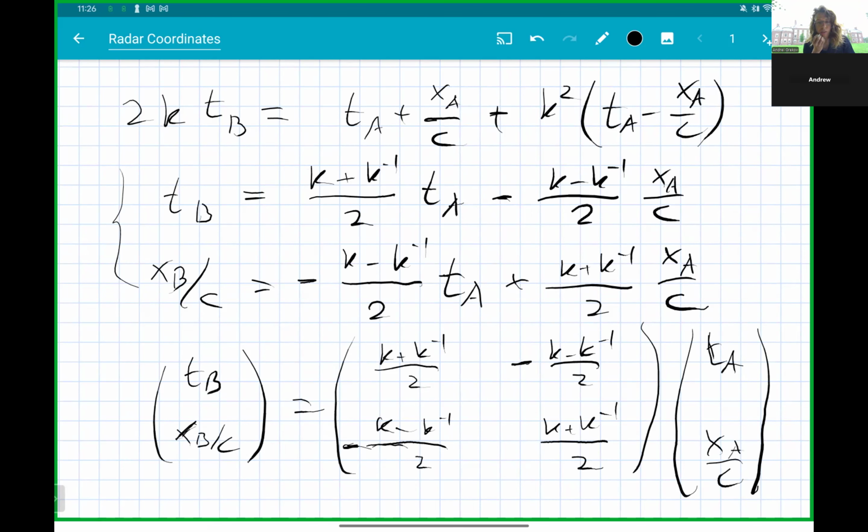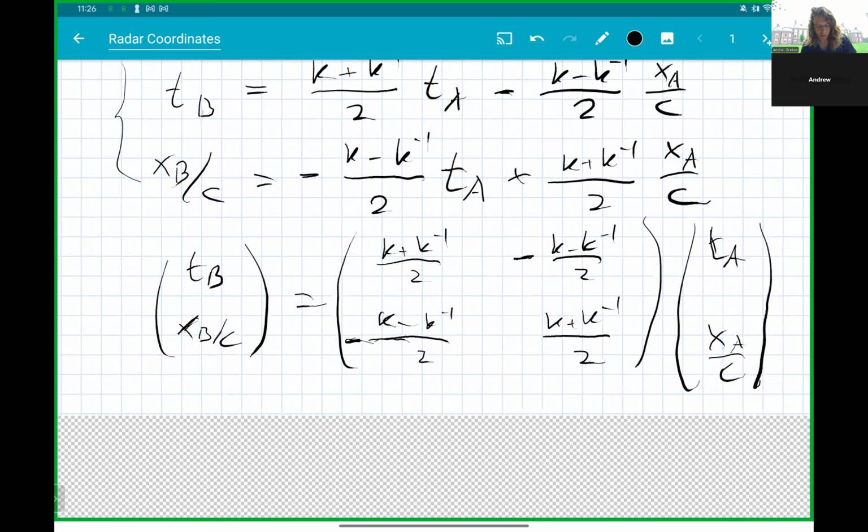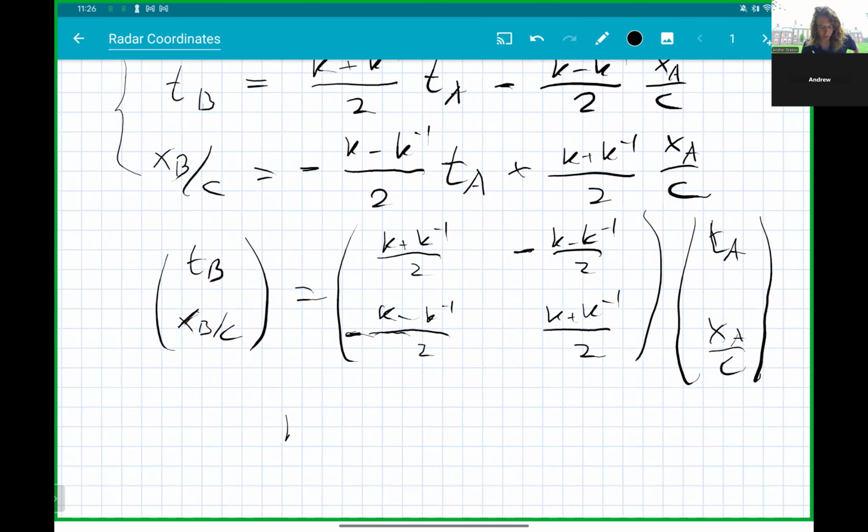Indeed, here they are. We only need to express the K factor in terms of familiar variables, the velocity.